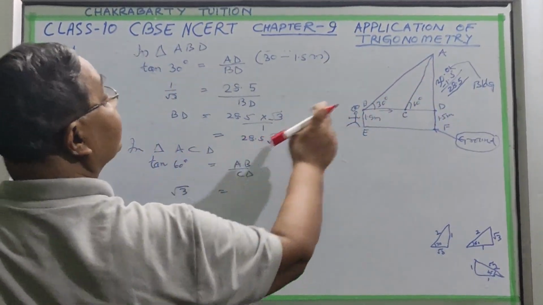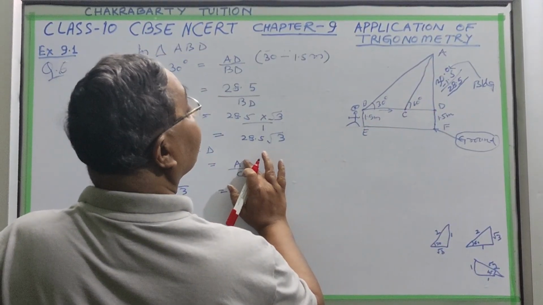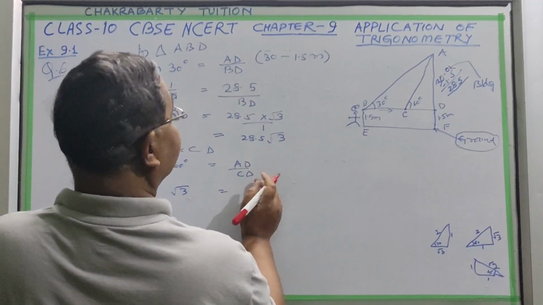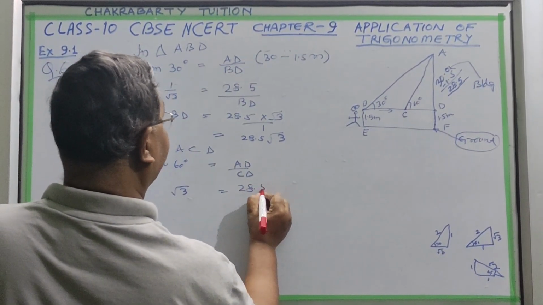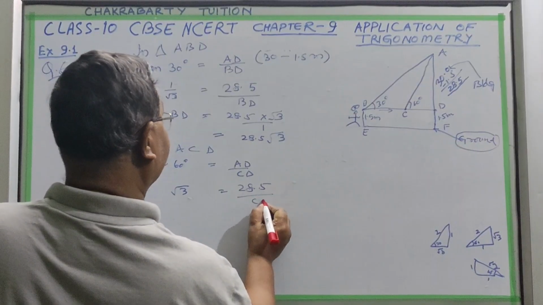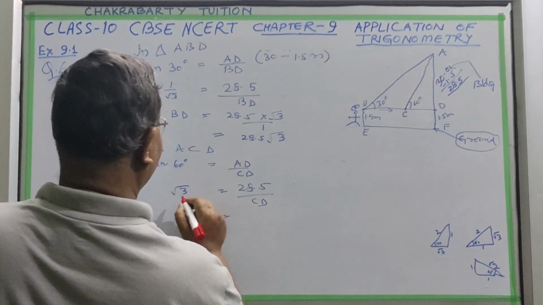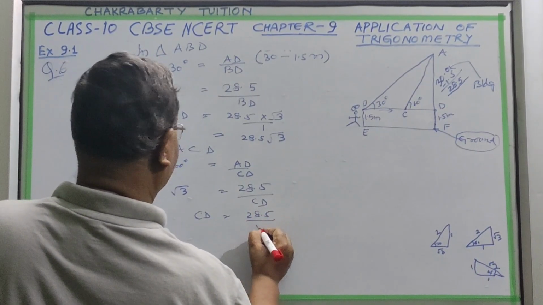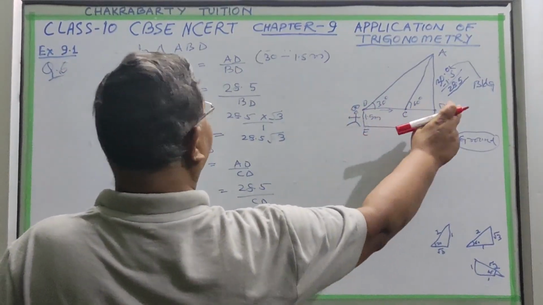In triangle ACD, it will be AD upon CD. So AD is 28.5 and CD will remain. So CD will go to this side and come to this side: 28.5 upon √3. So CD we have found out, and the full length.